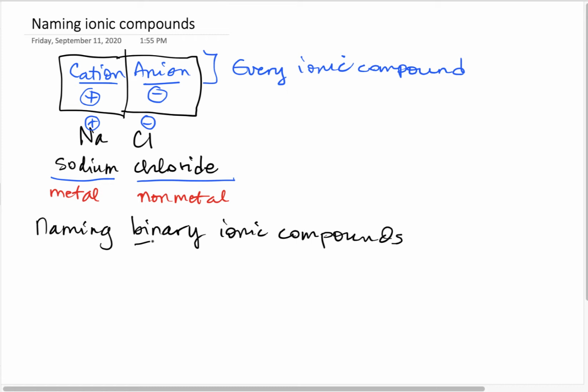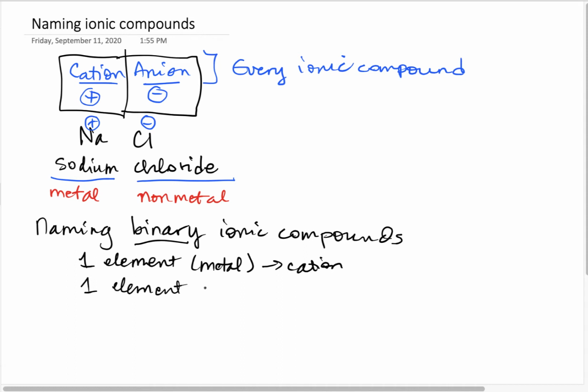So this time when I'm talking about binary ionic compounds, that means I'm going to have one element, the metal, that is the cation, and I'm going to have one other element, and that's the nonmetal, and that's going to be my anion.